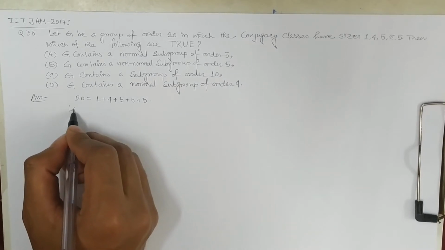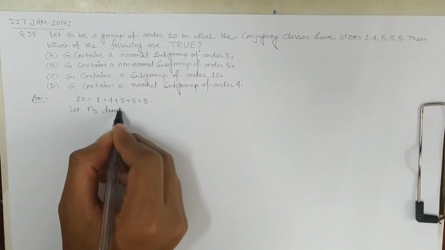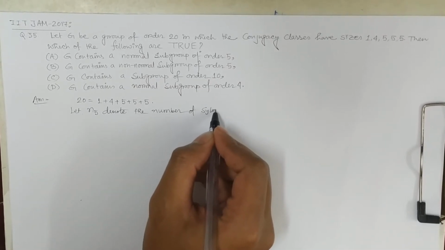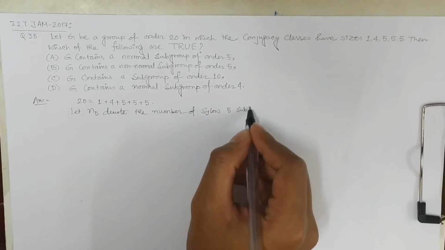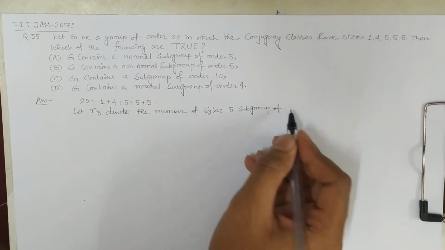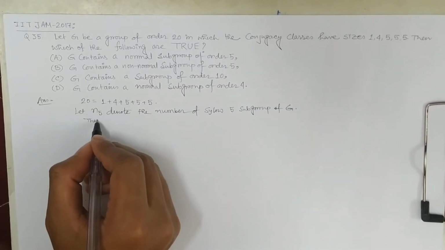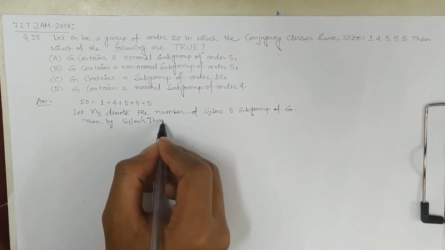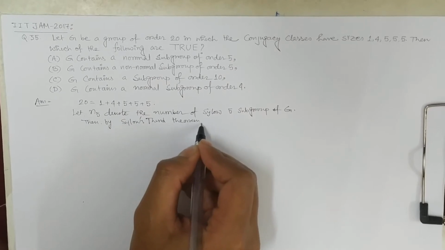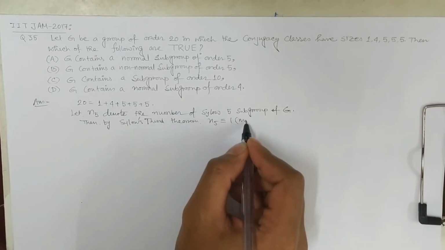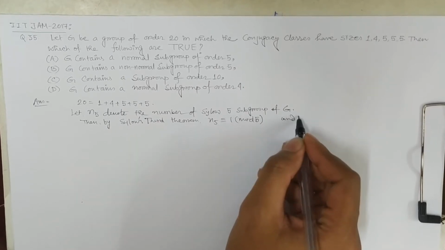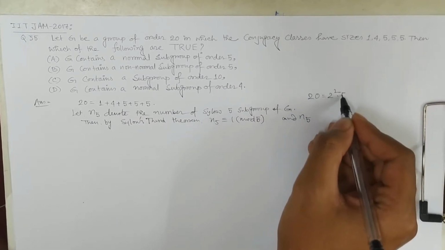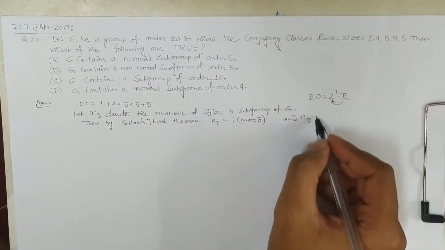And let N5 denote the number of Sylow 5 subgroups of G, then by Sylow's third theorem, N5 is congruent to 1 mod 5 and N5 divides 20, which equals 2 square into 5, so N5 divides this 2 square.